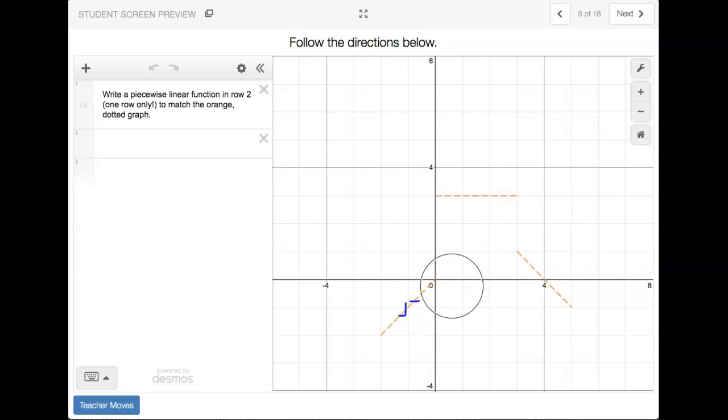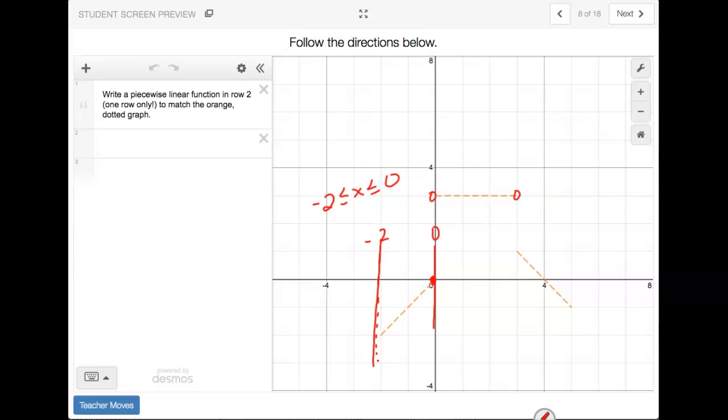All right, so notice that on this one we have 3 parts to our graph. We have one part in here between -2 and 0. So that's going to be one of our little domains from -2 to 0. And I'm going to pretend this is a solid dot here, open here.